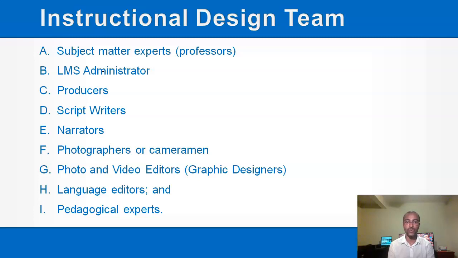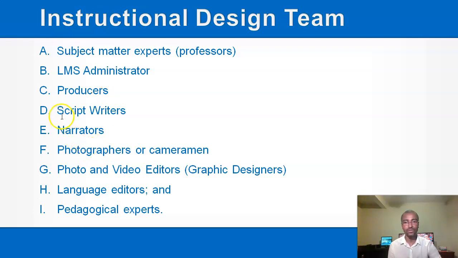The other one is producers. You can imagine this production is just like the production of a documentary movie. If you would like to produce a documentary movie, you need to have a producer. You need to collect various sources, various videos or photographs, and so on and so forth.